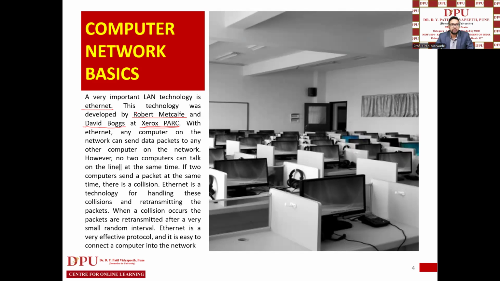With Ethernet, any computer on the network can send data packets to any other computer on the network. However, no two computers can talk on the line at the same time, which means it is a one-way signal. Only one system can communicate at a time. Once that system allows another system to work, then the other system will communicate.